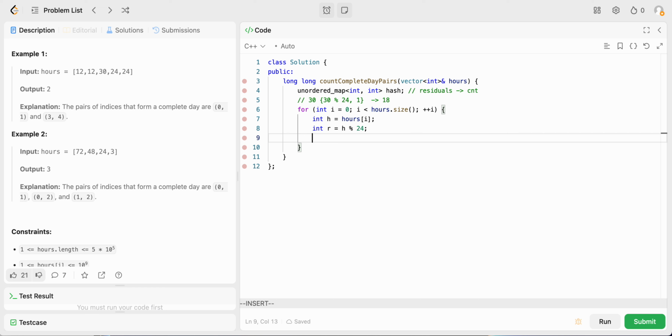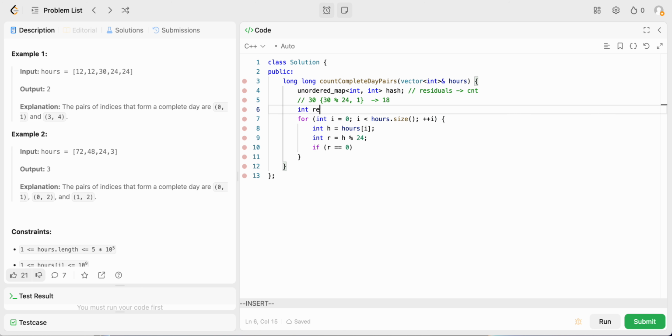So first we need to check if r is 0. We define res as a return value. If r is 0, res will be res plus hash at r, right? This is actually hash at 0.